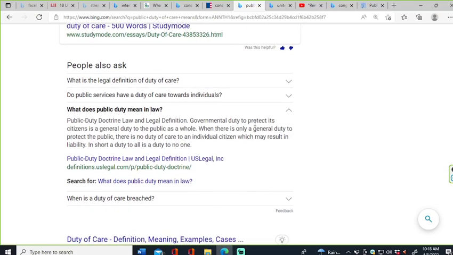Government duty to protect its citizens is a general duty to the public as a whole. When there is only a general duty to protect the public, there is no duty of care to individual citizens, which may result in liability. In short, a duty to all is a duty to no one.